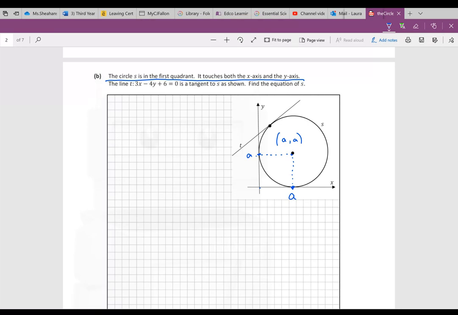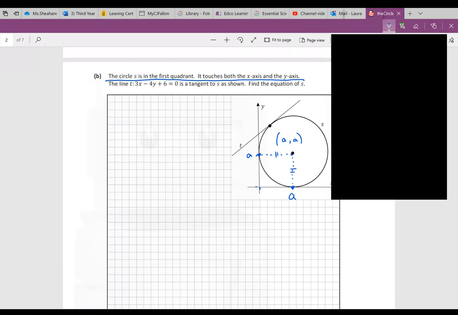Think about that carefully, because the distance from there to there has to be the same as that distance from there to there. So the radiuses are equal.